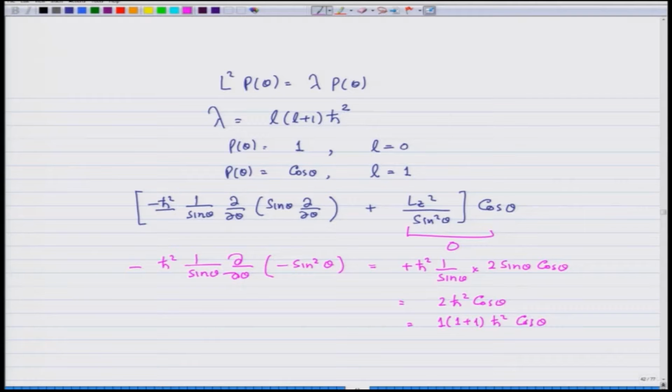What is found is that when L square acts on P theta and gives L plus 1 h cross square P theta, then the value of m is restricted, for a given L, to being from minus L to plus L in steps of 1.